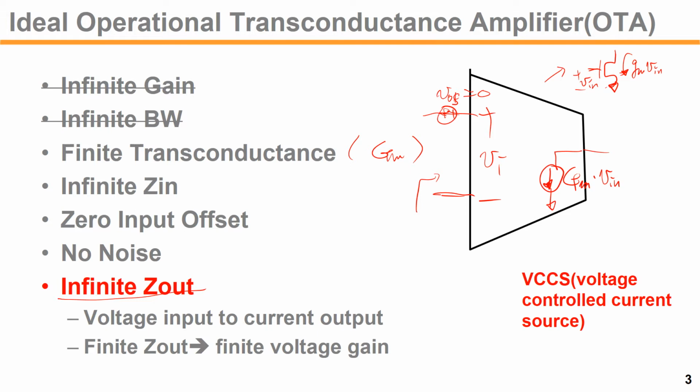So we can look at it as a voltage controlled current source. We take the voltage input and then generate the current output.